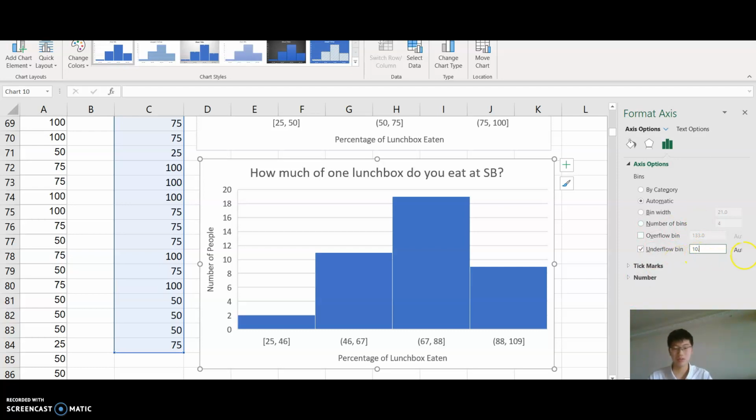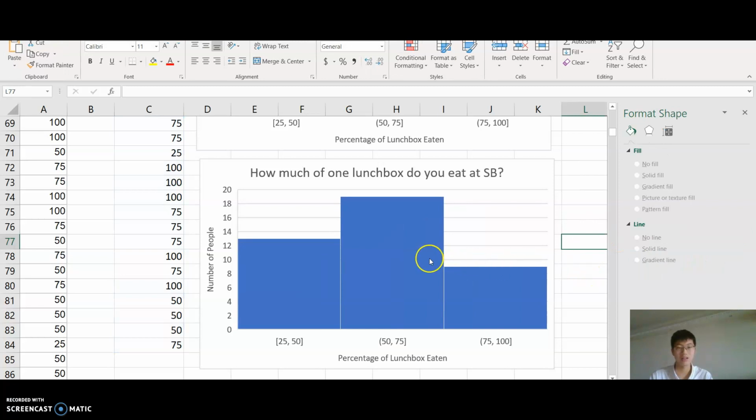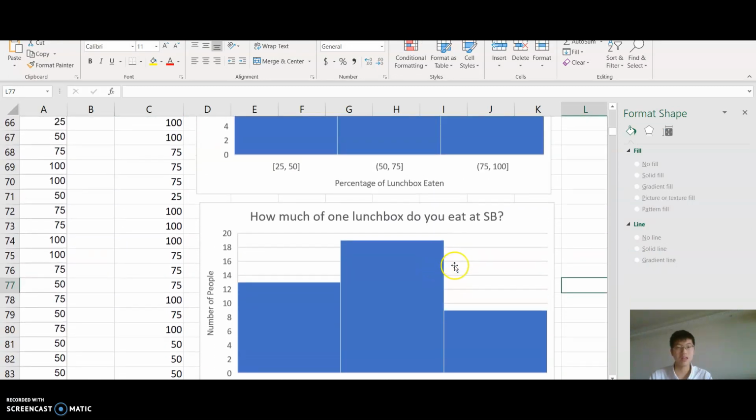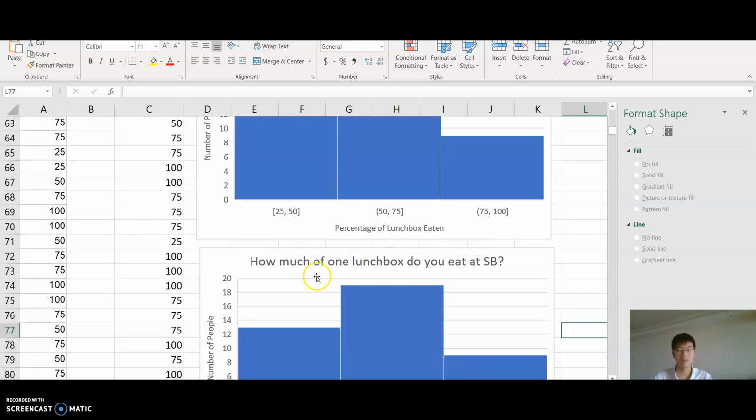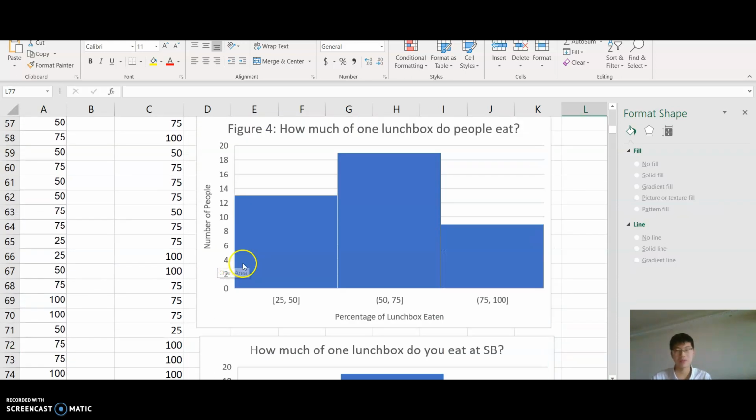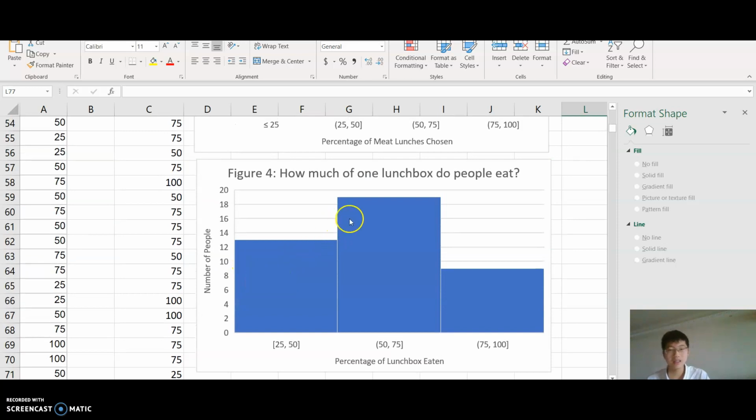I'm just going to say, okay, we want the lower end to be 25, and then we only need 3 bins, so 3 categories. Let's see if that works out, and it's nice and pretty, and it looks just like this one, which I made before. So, yep.